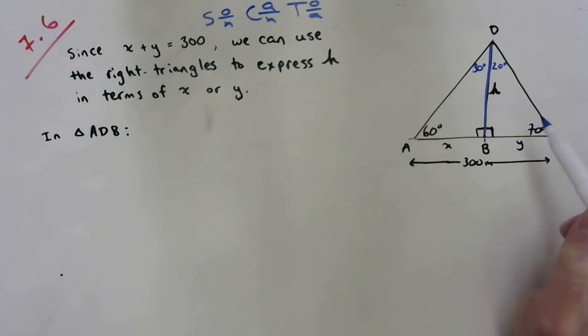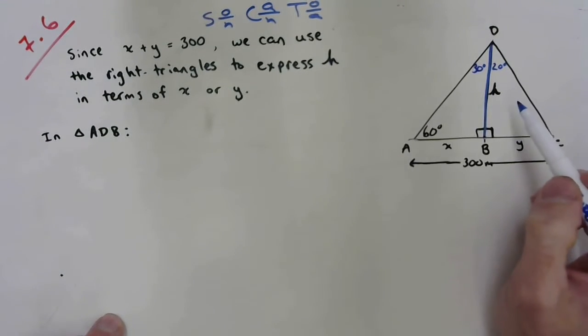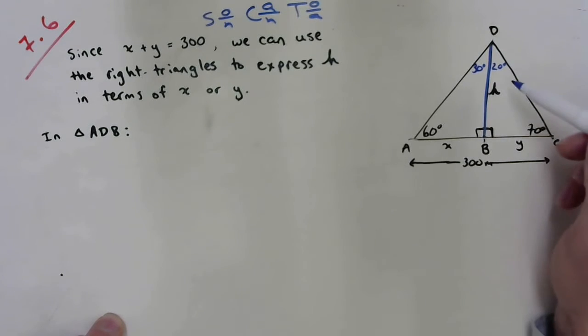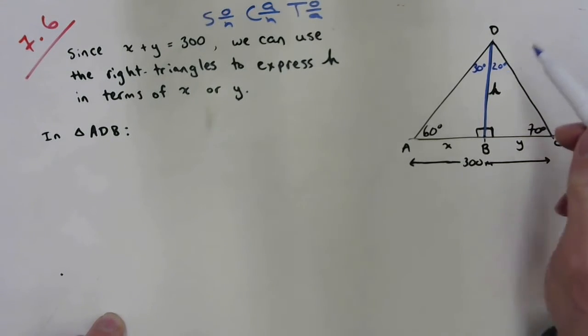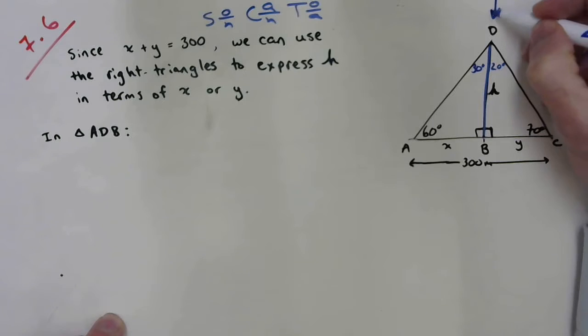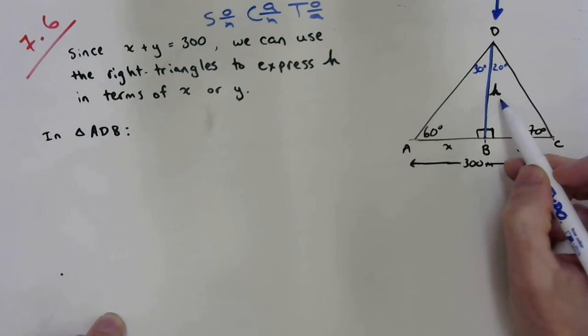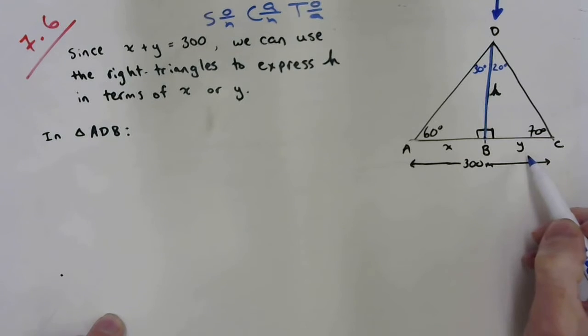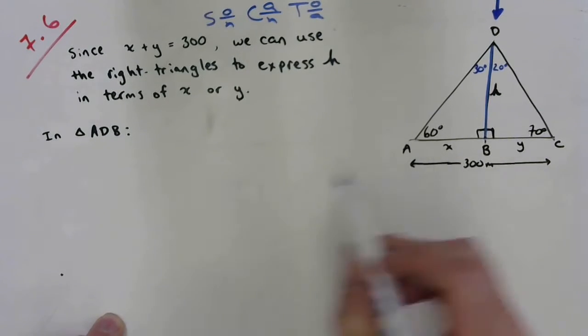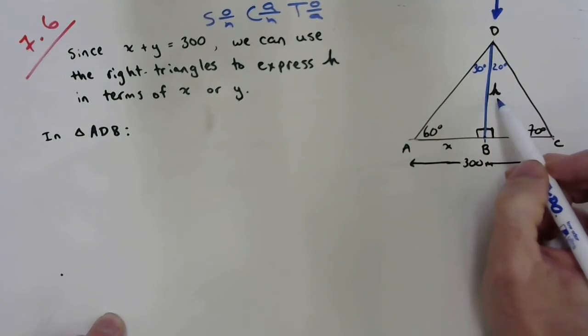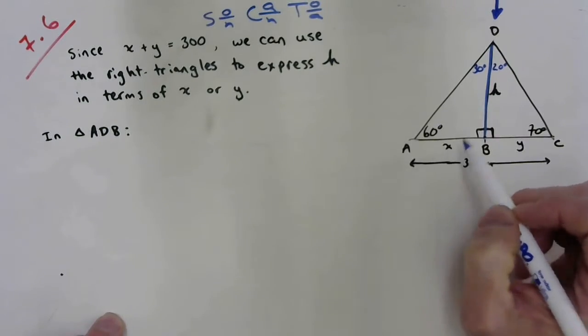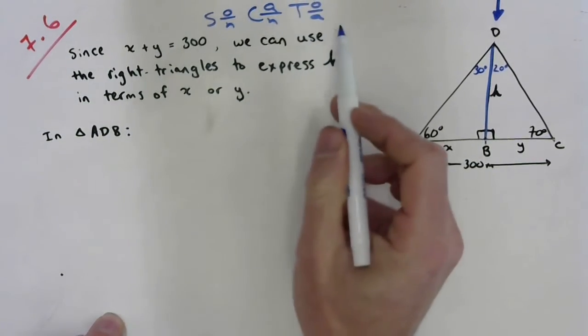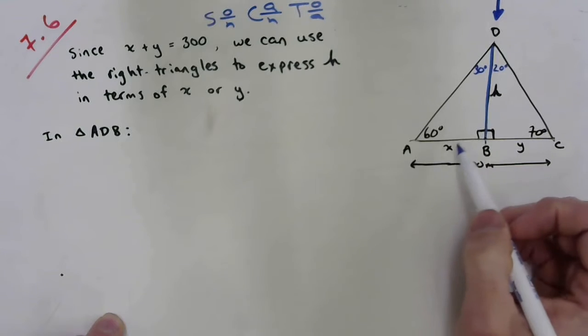What I want to do here is look from this top angle in both cases. And remember, I'm trying to express h in terms of y over here. And over here, which we're doing first, I want to express h in terms of x. So what I want is a trig ratio that involves h and x.